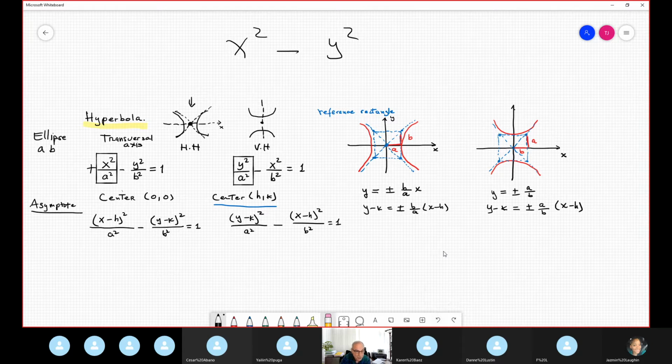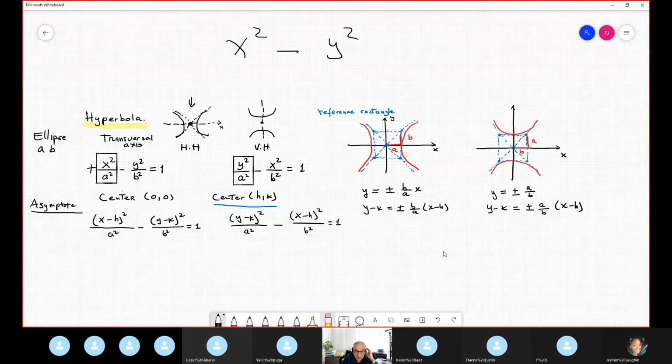So now we have the formulas. We have two kinds of hyperbola, vertical and horizontal, depending on the direction of the axis of transversal. And how do you know that? Well, you know because if the positive part is x, then the axis of transversal is parallel or coincident with the x-axis.